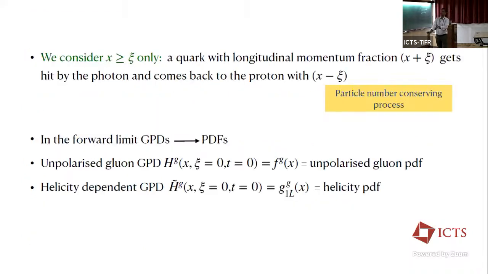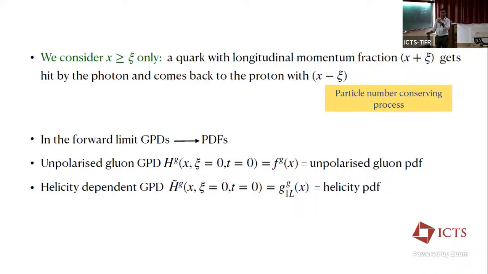In this work, we consider only a certain kinematical region where x is greater than xi, so that a quark with longitudinal momentum fraction x plus xi gets hit by a photon and comes back to the proton with x minus xi.